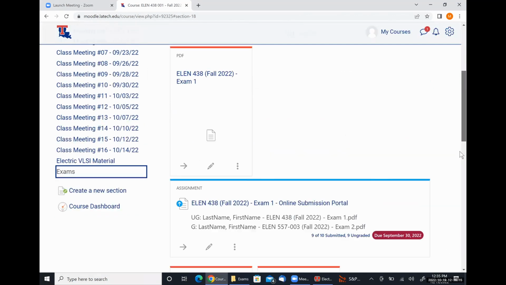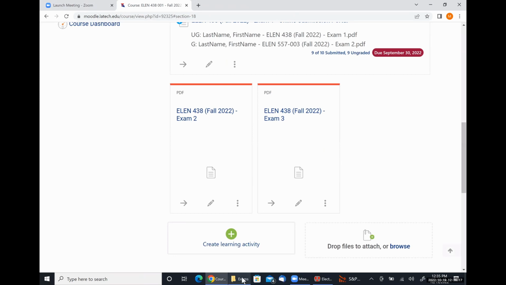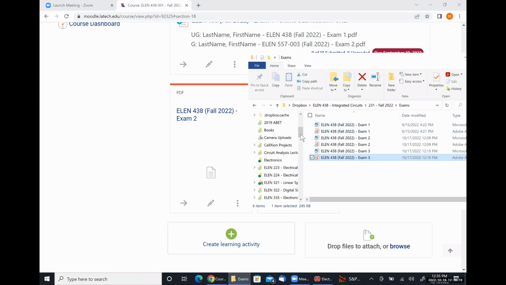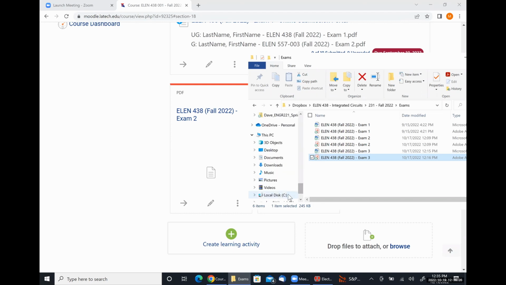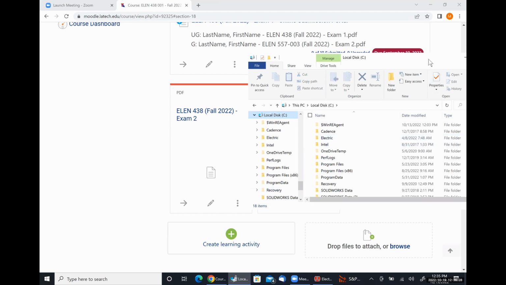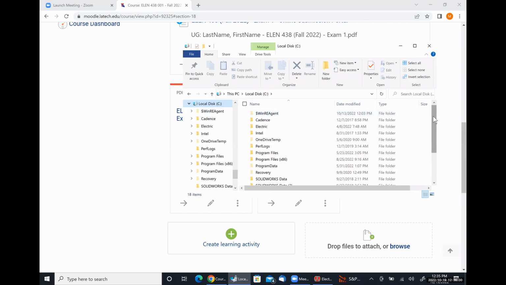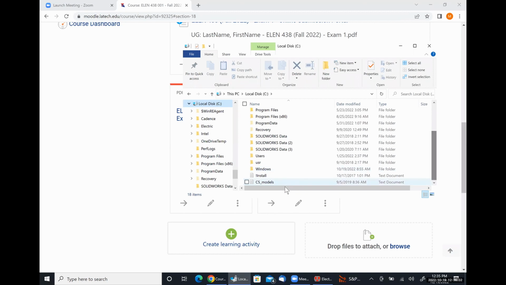Upload stuff, okay. And then I'm going to go to my C drive, if I can remember how to get to my C drive, because I'm an old man. There we go. Input C5 models. Just give me the file.